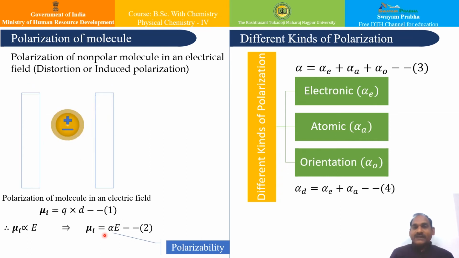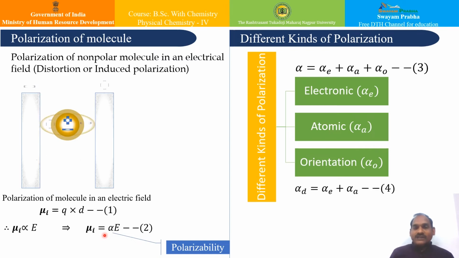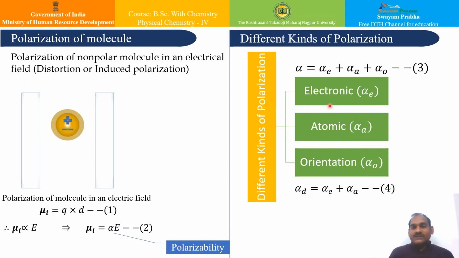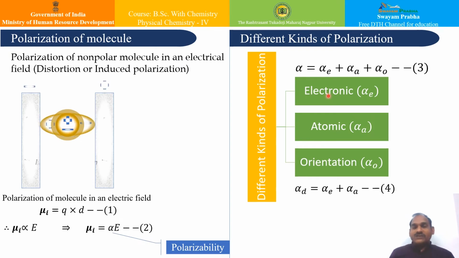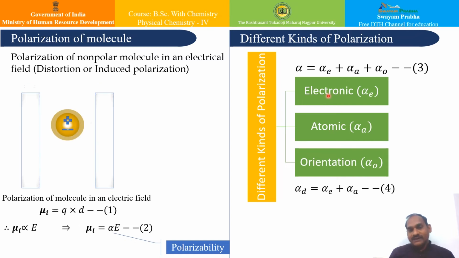Now there are different types of polarizabilities: electronic polarization, atomic polarization, and orientation polarization. What is electronic polarization? Electronic polarization is when the electronic cloud of the molecule is distorted towards the positive end of the electrostatic field.